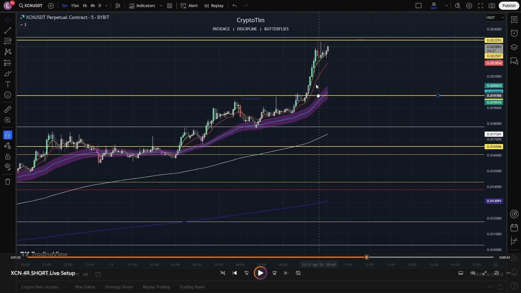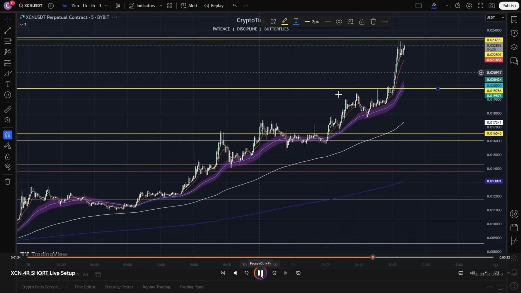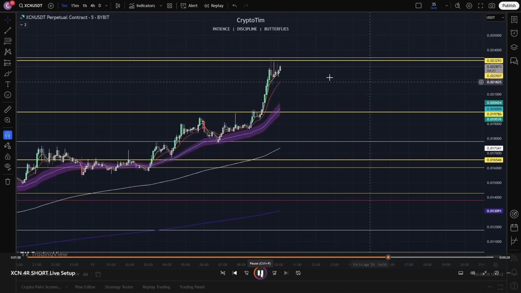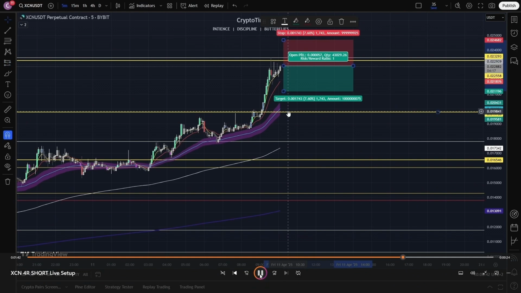Knowing that it's also sitting on this blue vector candle of the whole manipulated move up here, this is quite an important area. So I also put my yellow line there now. That's really the reason that this area is standing out.